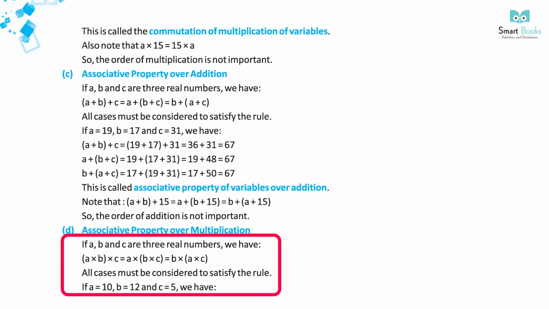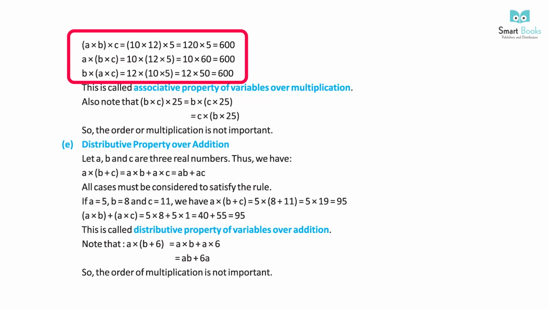If a equals 10, b equals 12 and c equals 5, we have a into b into c equals 10 into 12 into 5 equals 120 into 5 equals 600. A into b into c equals 10 into 12 into 5 equals 10 into 60 equals 600. b into a into c equals 12 into 10 into 5 equals 12 into 50 equals 600.